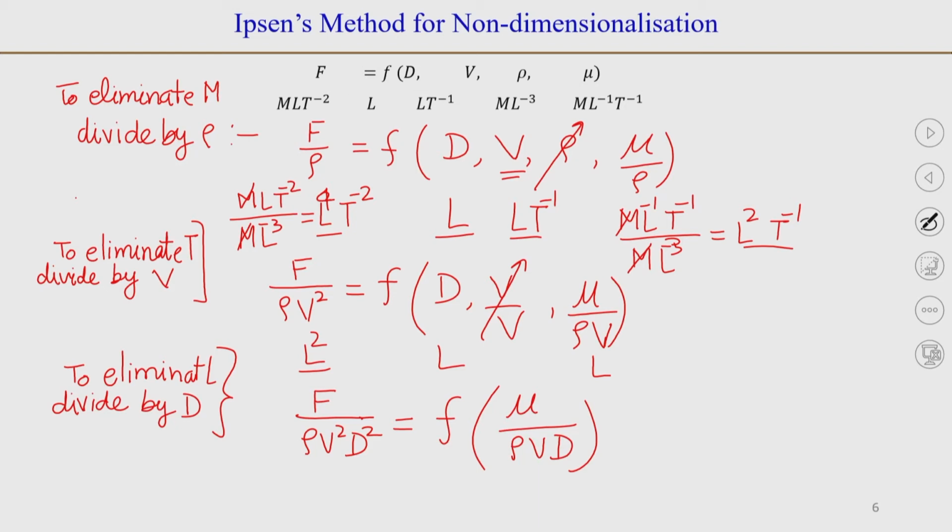So, we will divide by D. So, we are able to find two dimensionless groups: F over rho V squared D squared, which is the drag coefficient, and the inverse of Reynolds number, mu over rho V D.